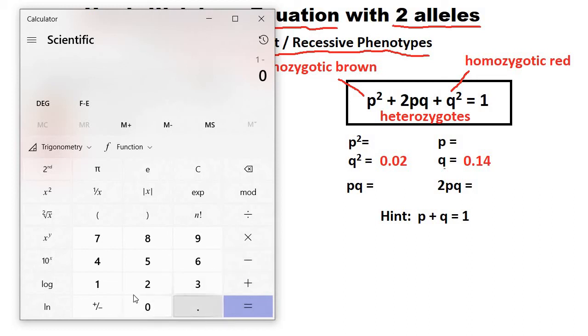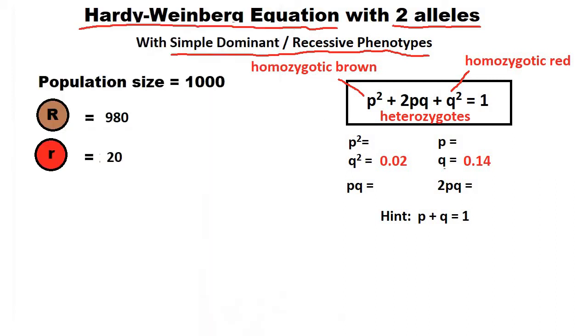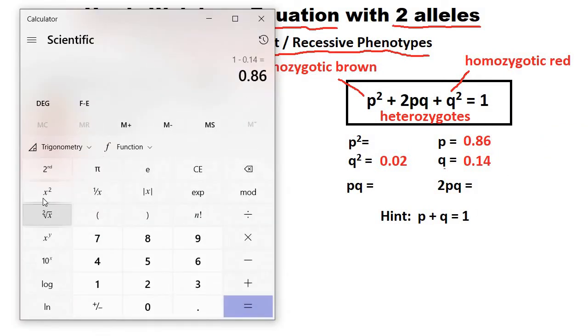So 1 minus 0.14 equals 0.86. All right, so p is going to be 0.86.